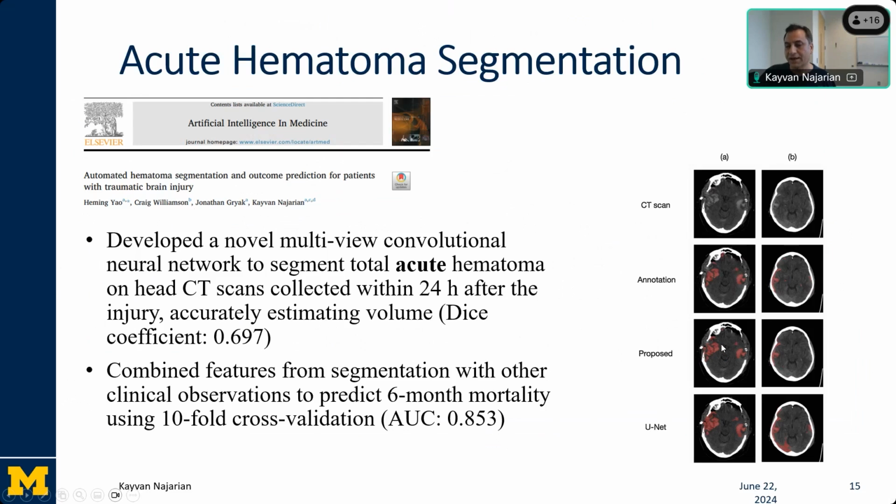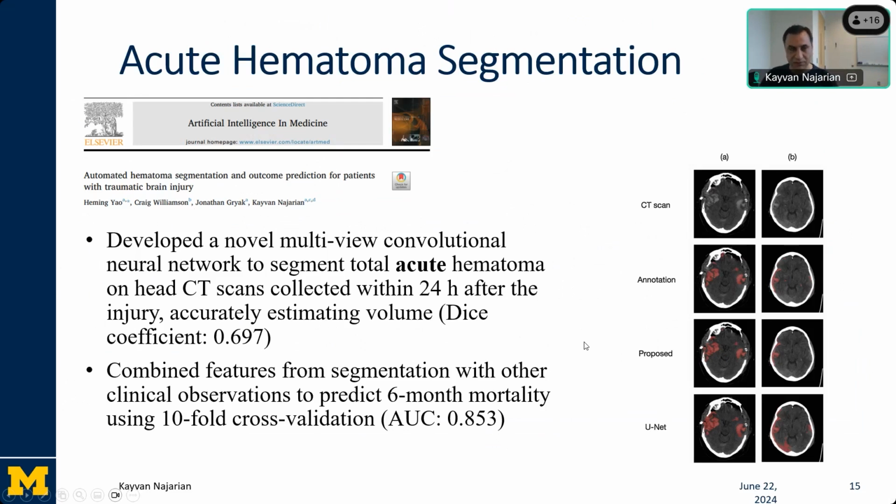We compared it with other techniques to show that our technique doesn't create too many false positives. This famous algorithm out there called UNet creates so many false positives that do not exist in the data, but our technique is more towards making the right prediction of where the hematoma is.